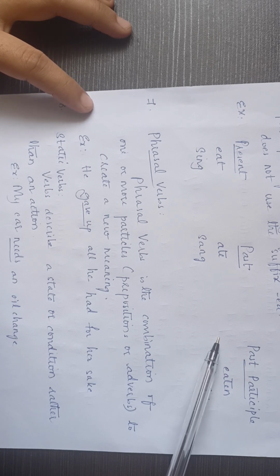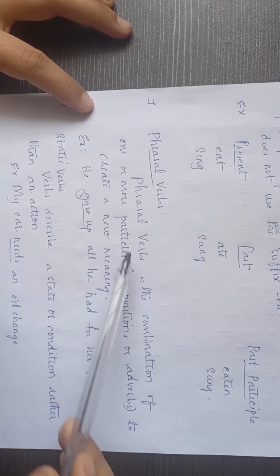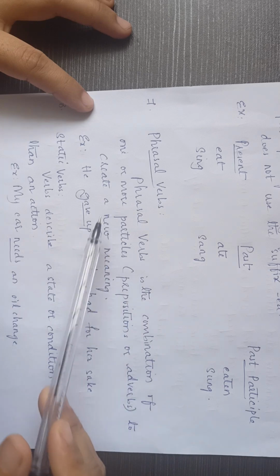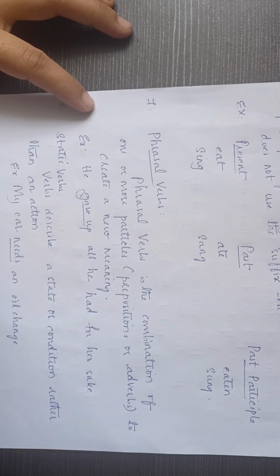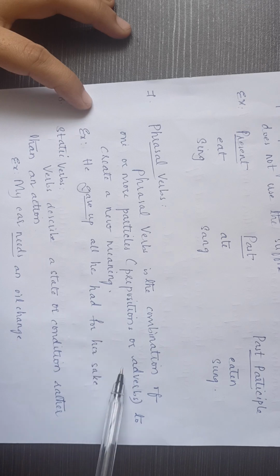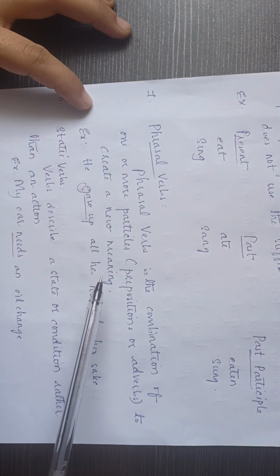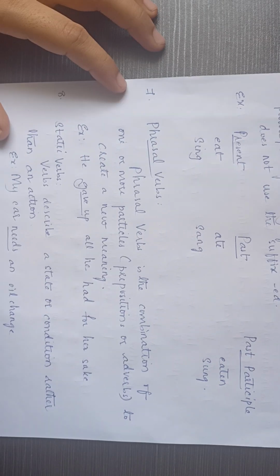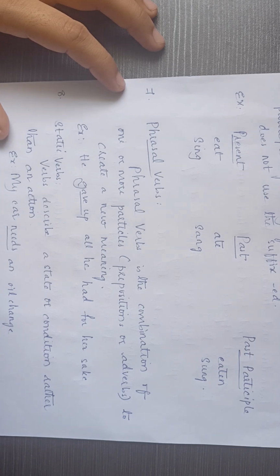Okay, next one is phrasal verbs. Phrasal verbs are the combination of a verb with one or more particles like prepositions or adverbs to create a new meaning. So in phrasal verbs, the verb together with the particle creates a meaning different from the original verb.